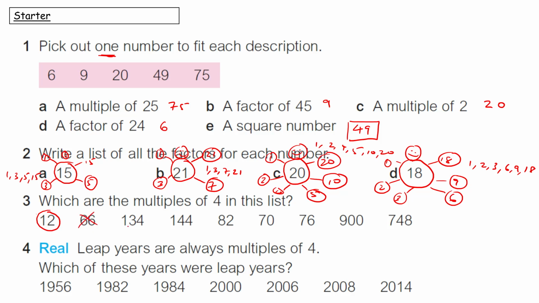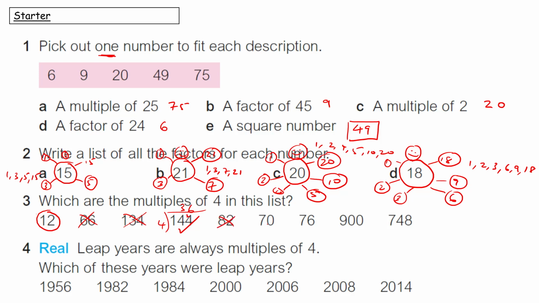134. No, because 4 goes into 13 3 times, remainder 1, and 4 doesn't go into 14. Ooh, 144. Let's just check that one. 4 goes into 14 3 times, remainder 2, and into 24 6 times, so exact number, no remainder, so that's a multiple. 82, no, because 4 goes into 8 2 times, it will leave a remainder.